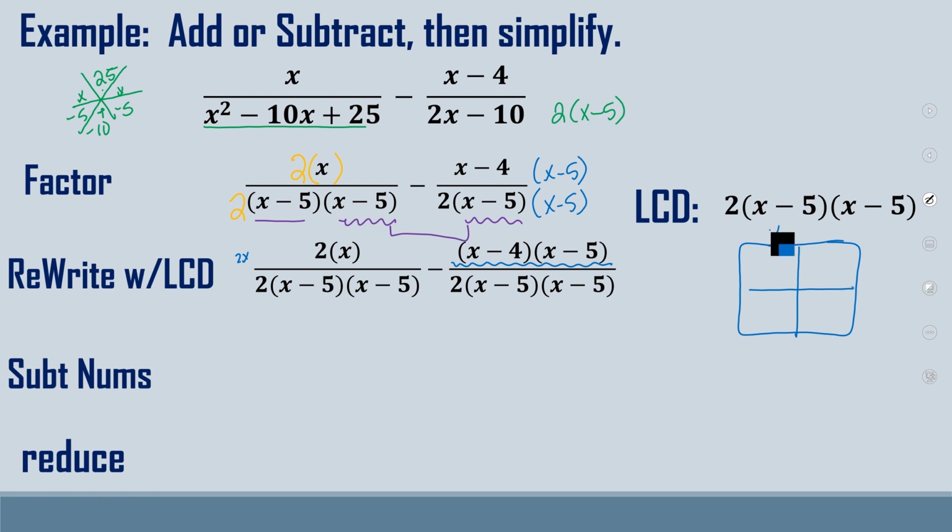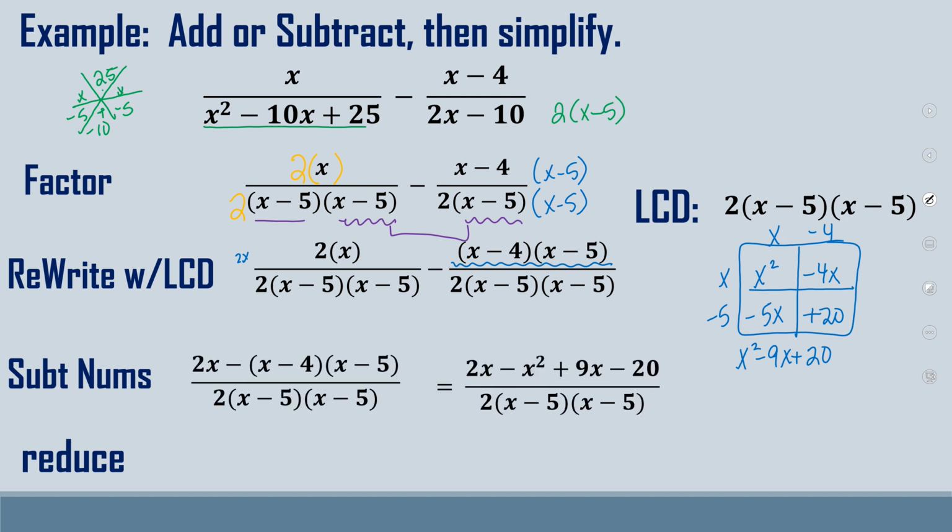Here we go. Multiply through. x minus 4 multiplied by x minus 5 gives me x squared minus 4x minus 5x plus 20. So that's an x squared minus 9x plus 20. Okay, so that's what we should have in our numerator, 2x minus x squared minus 9x plus 20. But what happens is we are subtracting the entire x squared minus 9x plus 20.